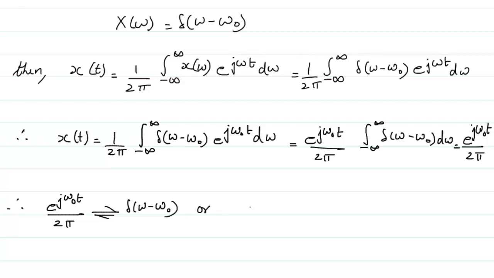So let me write the final result: e raised to power j omega naught t, if you multiply this with 2 pi, the 2 pi in the denominator will cancel, and here 2 pi will come, and then you will have delta omega minus omega naught.